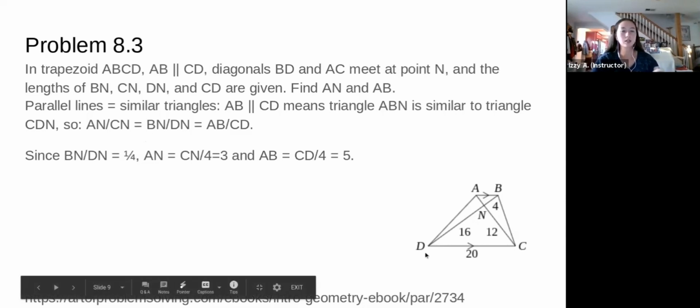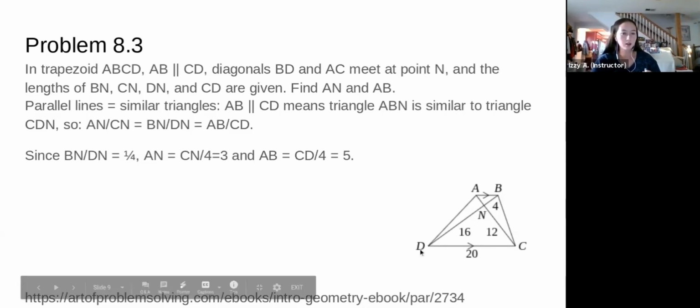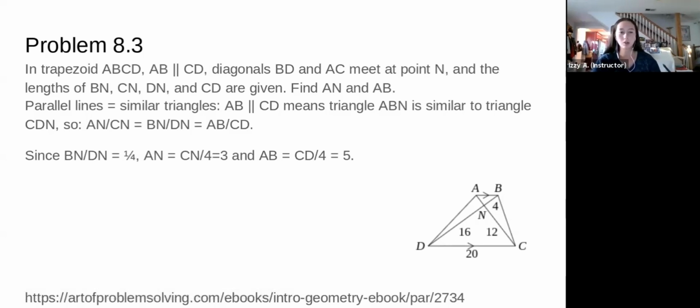We just set up proportions that correspond to the different sides of the two similar triangles. Since BN over DN is equal to 1/4, because we have 4 over 16 and simplified that to 1/4, AN is going to equal CN over 4.